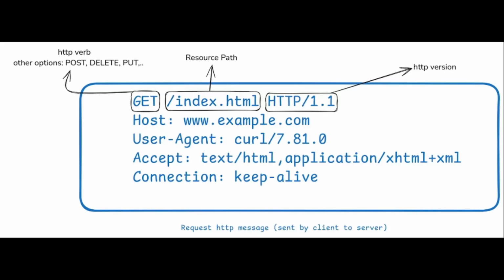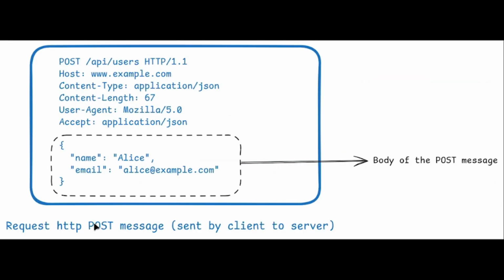The request HTTP message can have many options in the place of the verb. These include GET, which you see here. It may also include POST, DELETE, PUT. These have specific meanings which the server understands. This is a POST HTTP request message. You can see the GET is replaced by POST.